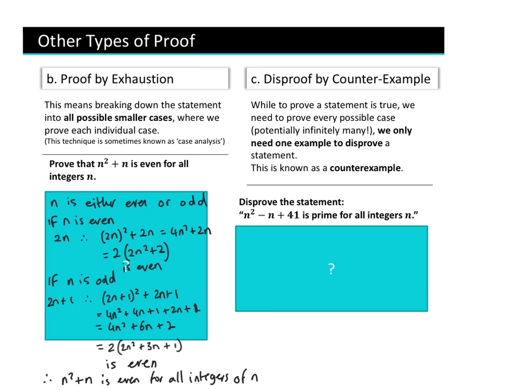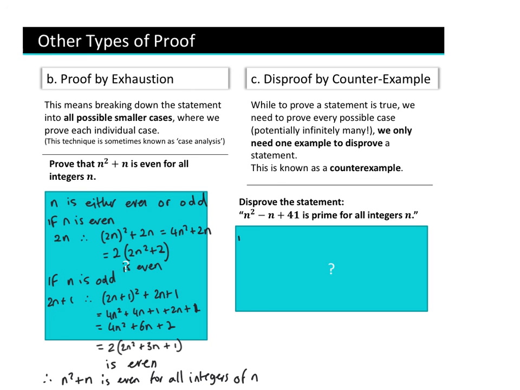Then disproof by counterexample. It says disprove the statement n squared minus n plus 41 is prime for all integers of n. Now, what are we going to do? So we need to find a number for when this isn't true.